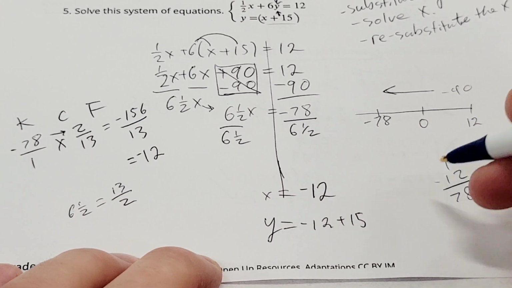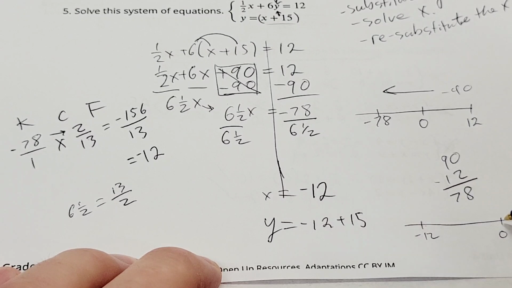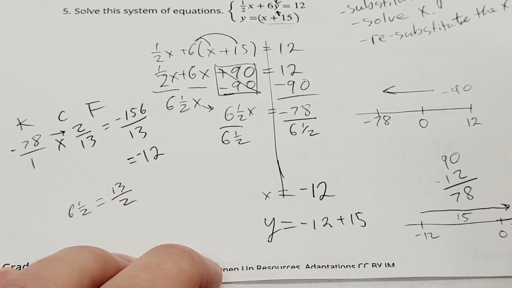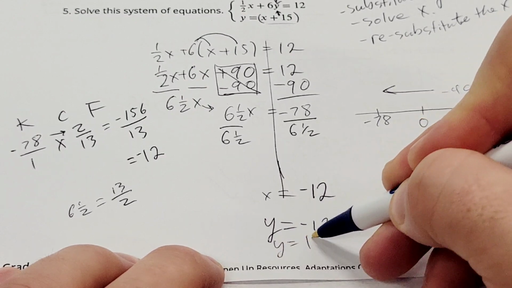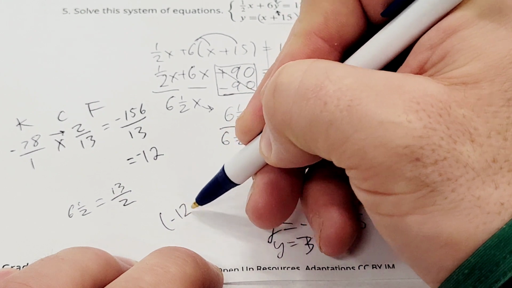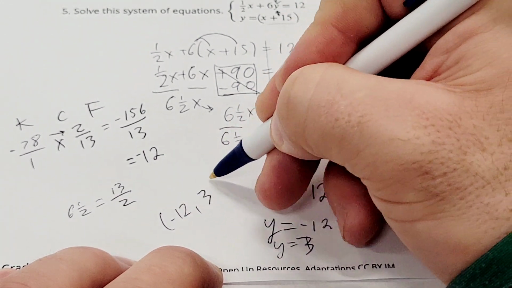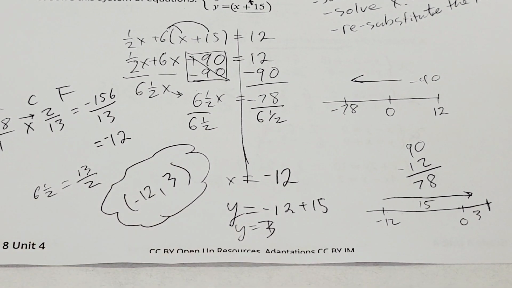Then again, number line: I'm at negative 12, zero is here, and I'm going to go 15 in this direction. I use 12 of the 15 to get there, so there's going to be 3 left over that passes it. So y equals 3. And that whole answer could and should be written as the x and y coordinate, negative 12, 3.